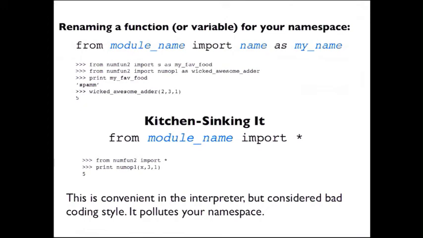You pull all of that into your namespace. And so even though it really pollutes your namespace, it means you can just type plot and you can start plotting something immediately. You don't have to say from matplotlib import pyplot as plot or whatever. Okay? So it's convenient inside the interpreter, but it's considered bad coding style. And that's because it pollutes your namespace.